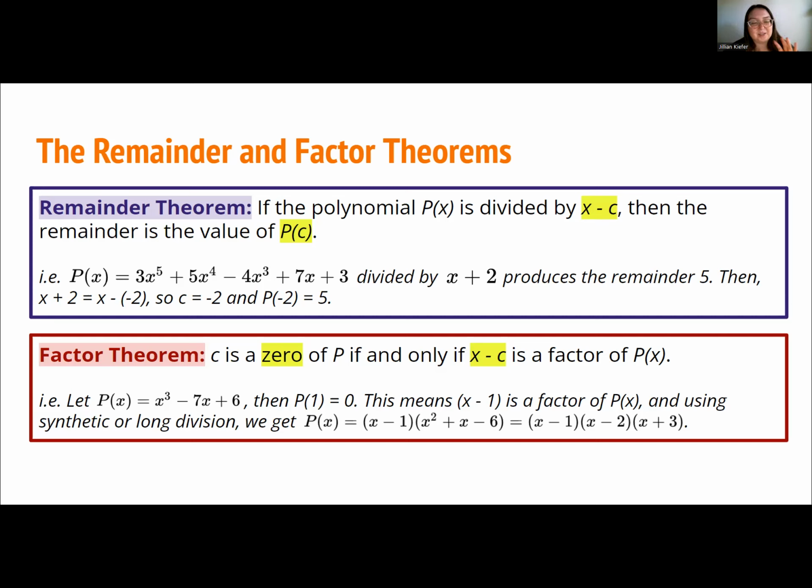But all right, so the second theorem we have is the factor theorem. So we say that c is a 0 of the polynomial if and only if x minus c is a factor of p of x. We are introducing this new term, which we're calling a 0.